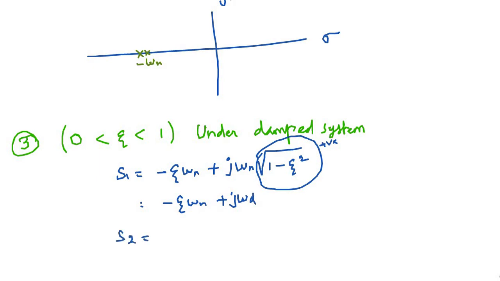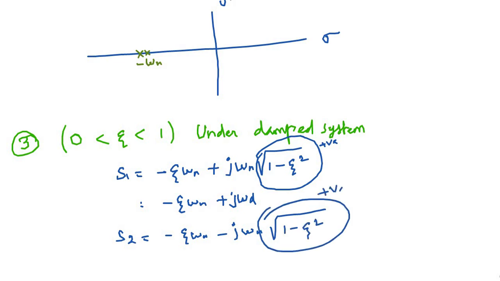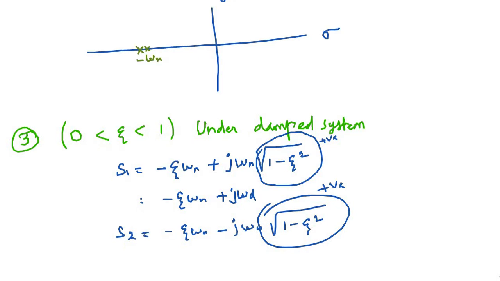Next, S2 is equal to minus zeta omega n minus j omega n into square root of 1 minus zeta square. Again, this 1 minus zeta square is positive. So you get minus zeta omega n minus j omega d, that is S2.